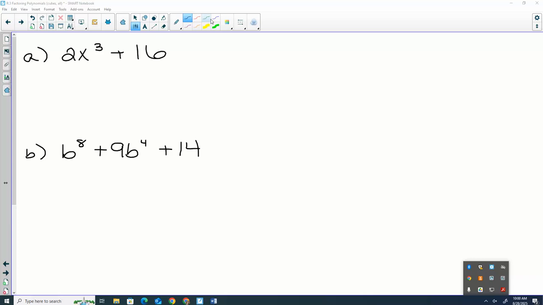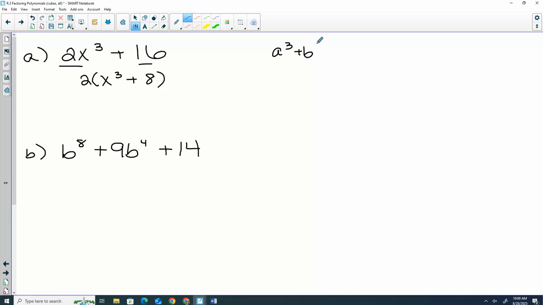All right, the first one. Not very many of you guys got this one. We have two terms. What can you do first? So we take that 2 out because we have a GCF, and you always check for that GCF first. But x cubed plus 8, what should that remind us of? Sum of cubes that we wrote down yesterday. So you have that formula in your notes.